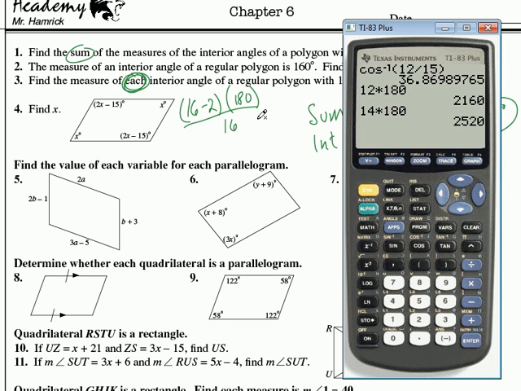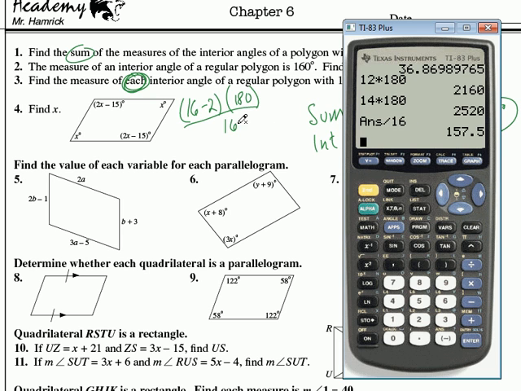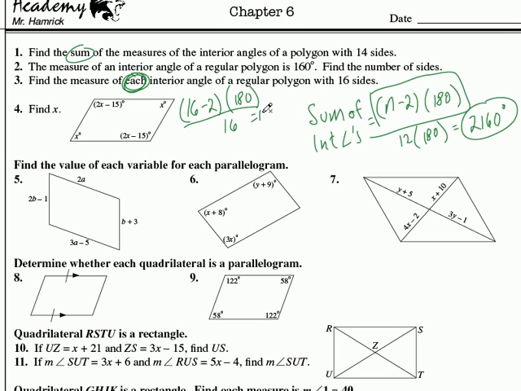Divided by 16 is 157.5. So each angle is 157.5 degrees. Make sure that you read what it asks you to find.